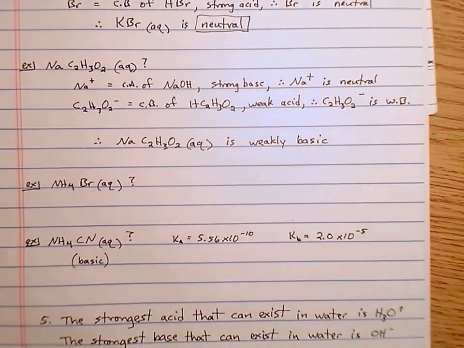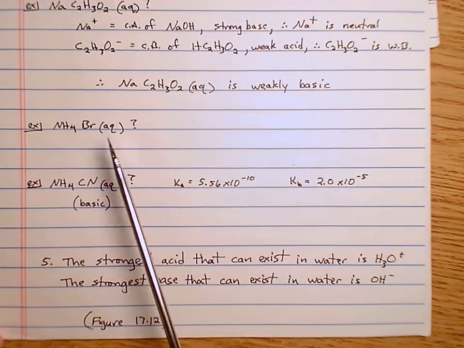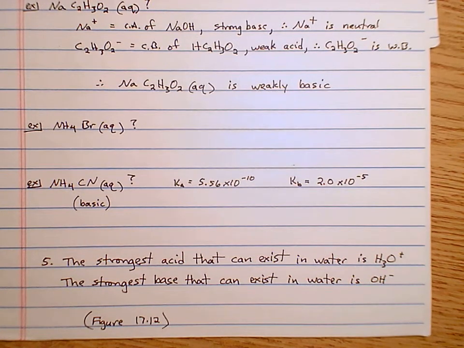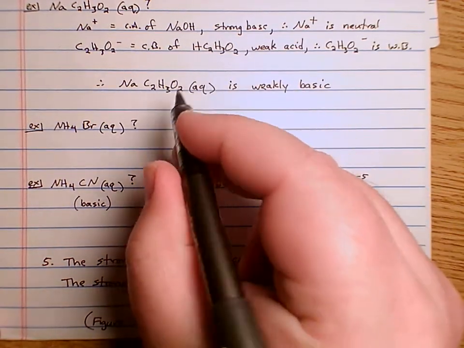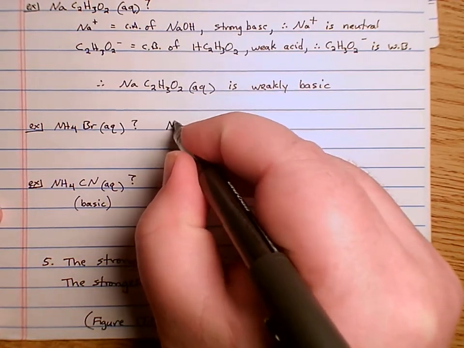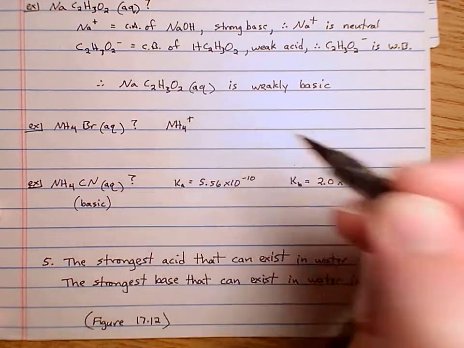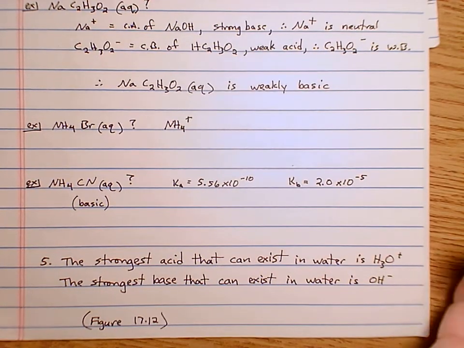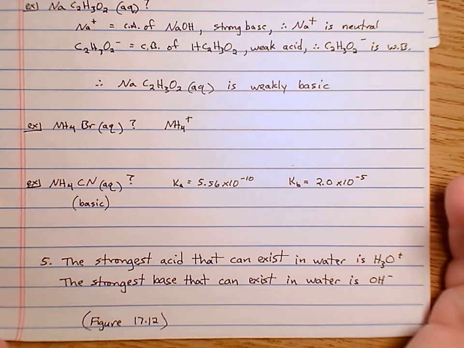Okay, what about our next one? NH4Br, ammonium bromide. What happens when we throw it into water? Will it turn acidic, basic, or remain neutral? Well, what's our cation? NH4 plus is the cation.